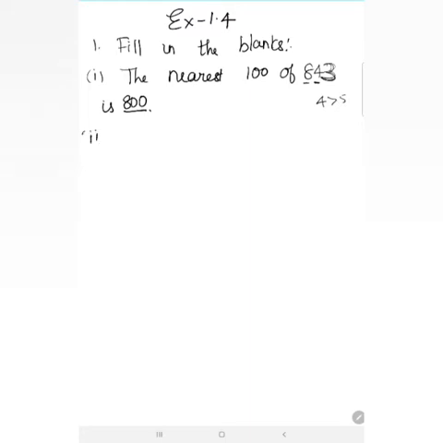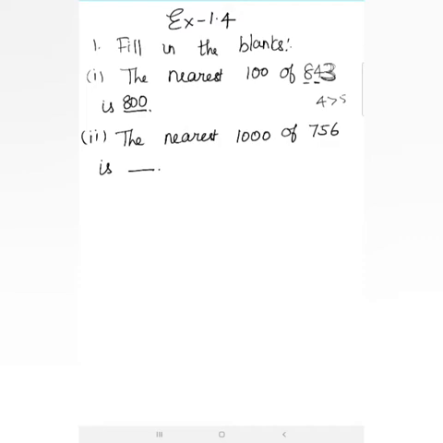The next one is the nearest 1000 of 756. Here please check, where is the 1000 place? There is no 1000 place. It is 756 only.